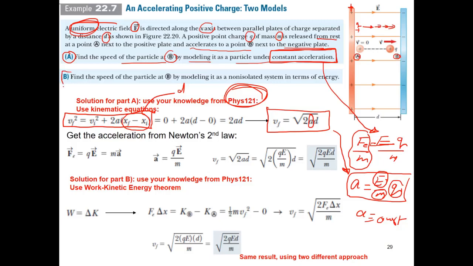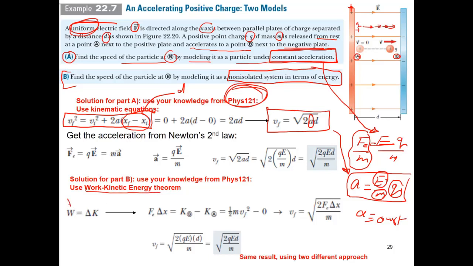Second part: find the same thing, the speed of the particle, but this time by modeling it as a non-isolated system in terms of energy. The question simply tells us to find it using the energy method. So what's the energy method? Well, in chapter 7 of physics 1, if you remember, we worked on the work-kinetic energy theorem.